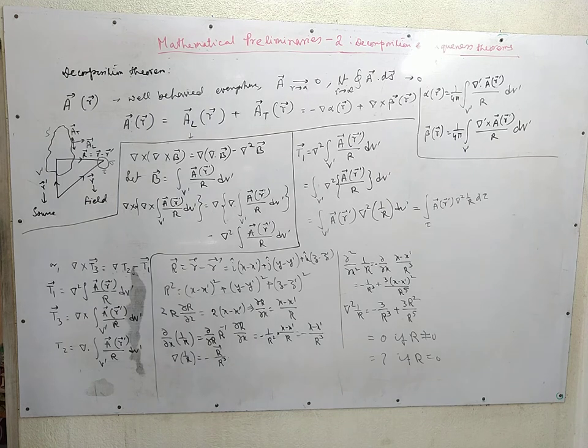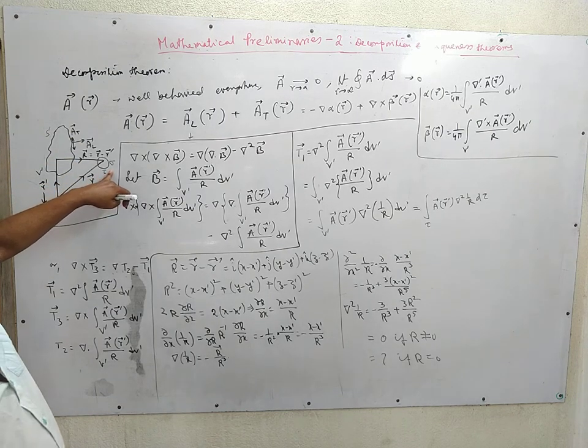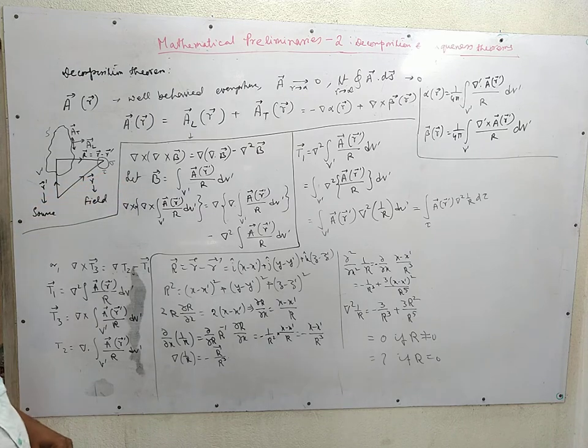Since we are considering the case where vectors r prime and r are the same, we switch from the extended volume to a very small volume tau, where tau tends to 0.